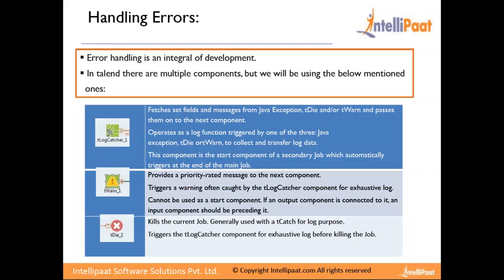Suppose you want to send a mail to someone whenever any error arises, so using tLogCatcher, you can connect that to a tSendMail component, and it will automatically send you the mail once an error has occurred. If the job runs successfully and it does not capture any error, then you won't get any mail. But if it fails at any point and tLogCatcher has captured something, it will send the mail to you, and you will get an indication that it has failed at this point, and you should see it.